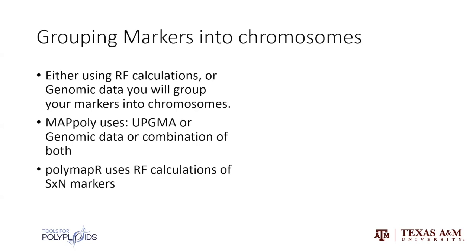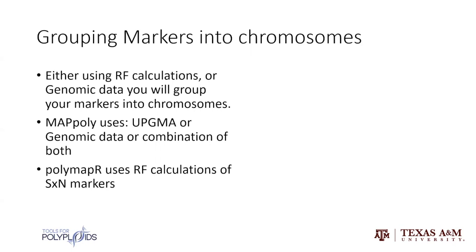And actually, Gabriel showed me that. So I have this code from a long time ago, and we'll show some of that, code that he wrote a long time ago. PolyMapper uses a different approach, and we talked about that earlier. It uses all the simplex, nullplex markers to calculate the recombination fraction between those markers, and then you have to make a scaffold, and then you fit those to the scaffold.